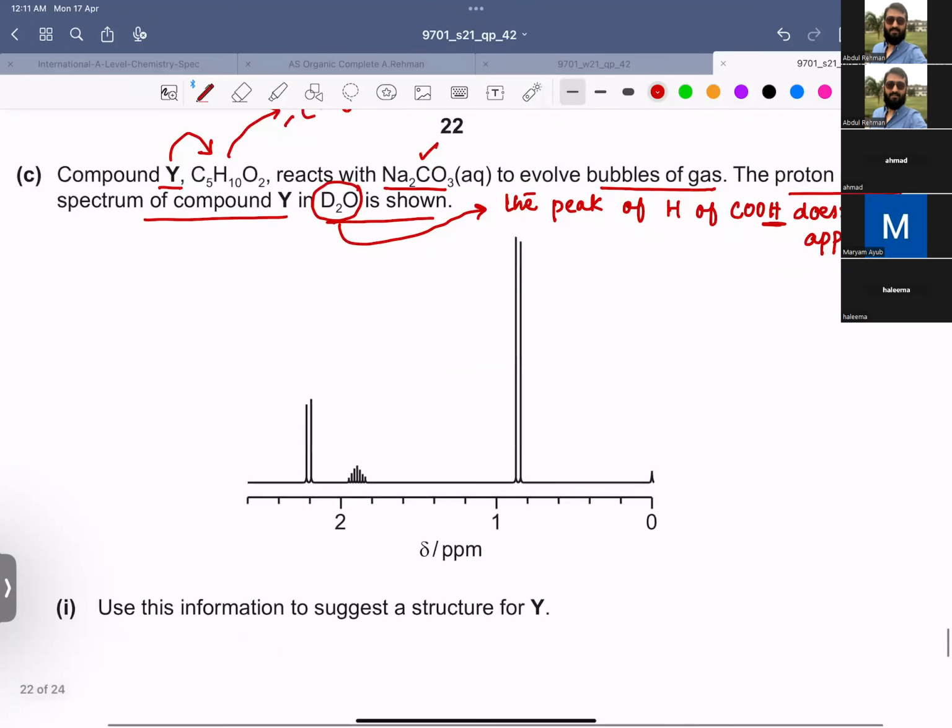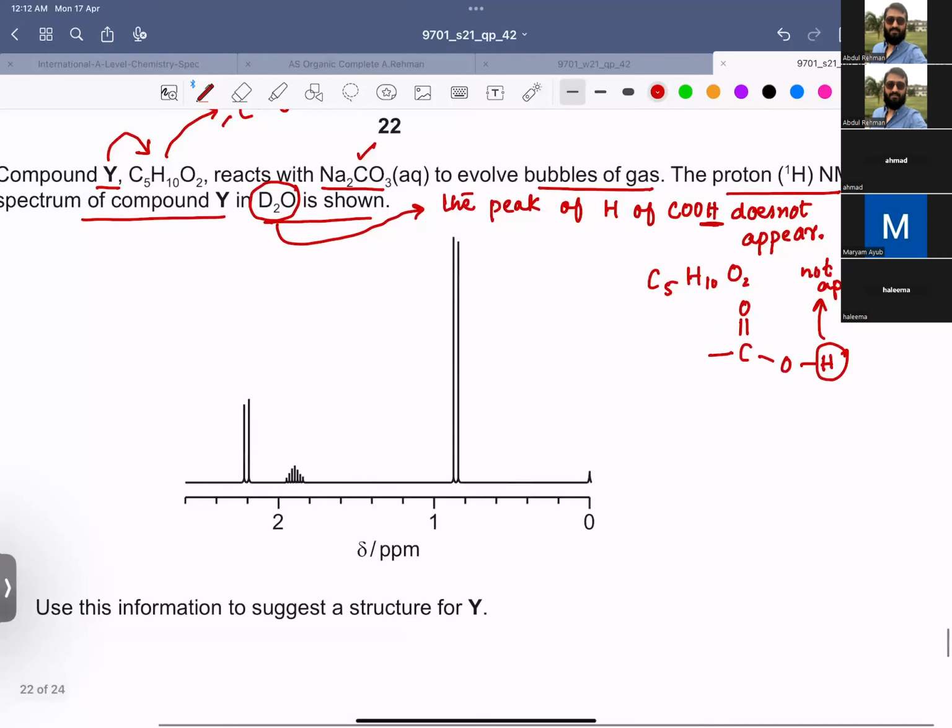Now we have the rest of the peaks over here, and we know there are 5 carbons, 10 hydrogens and 2 oxygens. From this, I could know that in the whole molecule we have this structure, and this hydrogen is not appearing in the spectrum. Is this point clear?